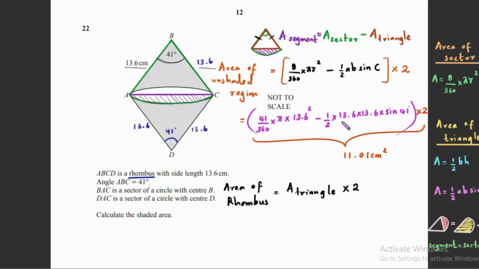So we already made use of this formula, which is half times AB sine C. So I'm going to make use of that same thing. So I can write it as 13.6 times 13.6 times sine 41. This answer gives us the area of one triangle. I'm going to times this by 2. So therefore, this will give us the area of the rhombus.